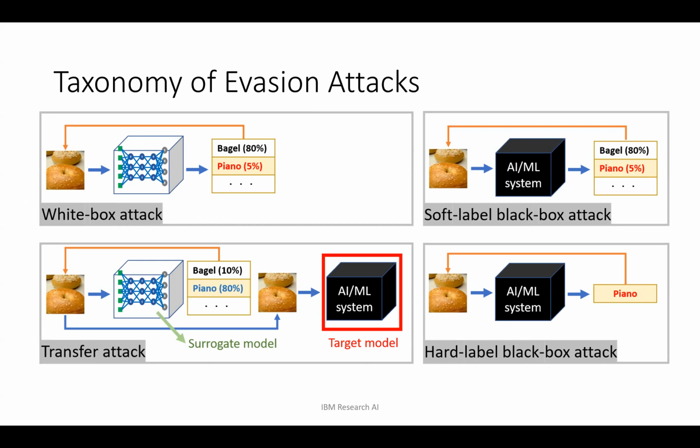In the black box scenario, a soft label attack means both the prediction and the confidence are known to the attacker, whereas a hard label attack assumes only the prediction label is known. There is also the transfer attack, which allows an attacker to find adversarial examples in their own white box surrogate model and transfer them to the target black box model.